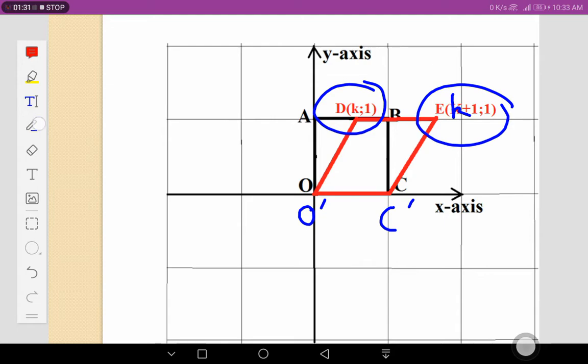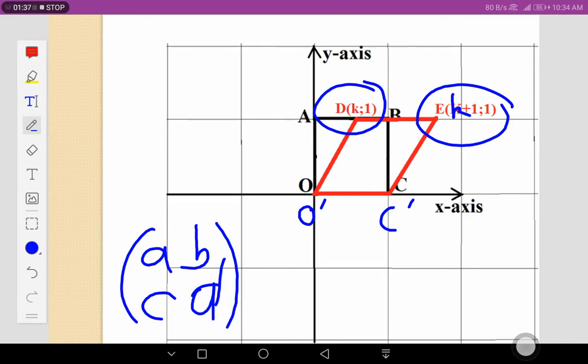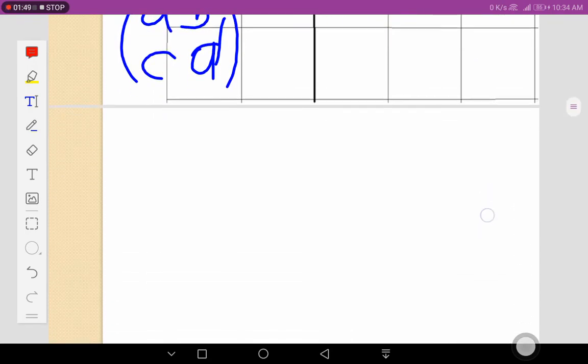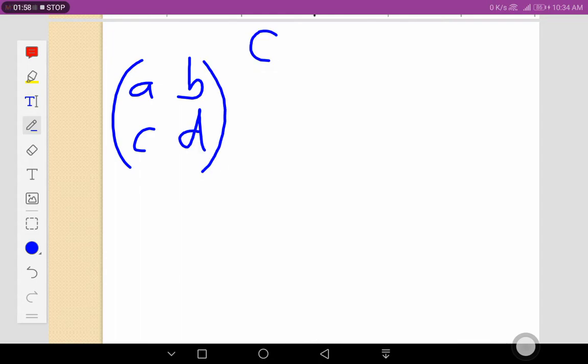Let's have a hypothetical matrix which we'll be using, A, B, C, D. We'll take initial positions of our C, then see the image of our C, then we can calculate the values of A, B, C, D. Initially, this is our shear matrix A, B, C, D, which is multiplying with our initial C position, which was (1, 0).